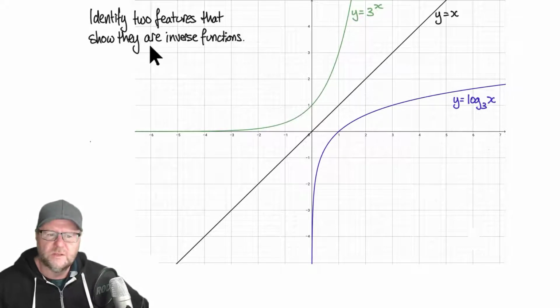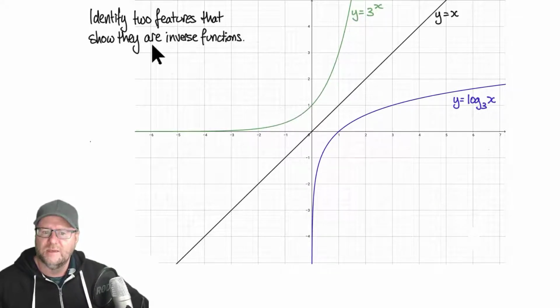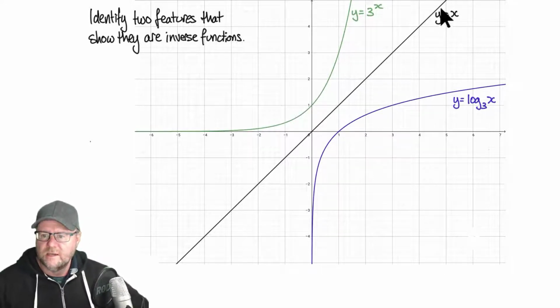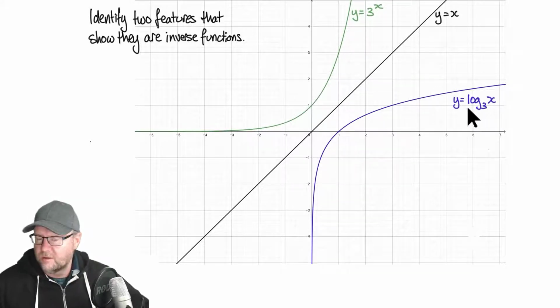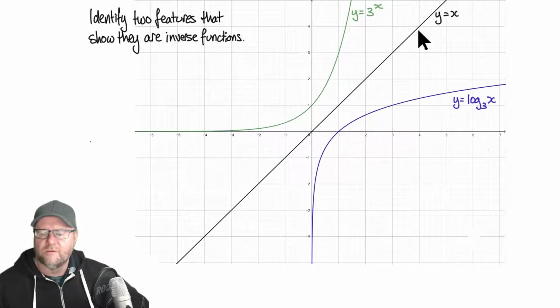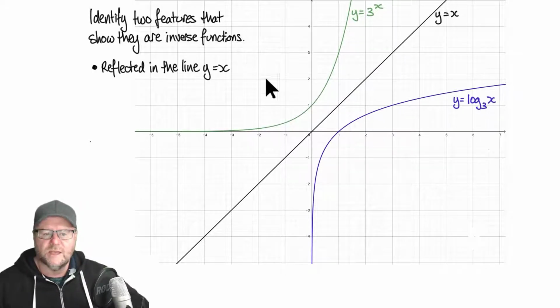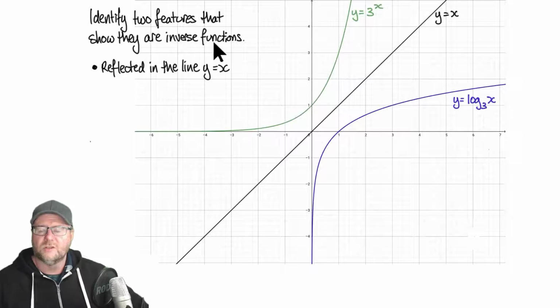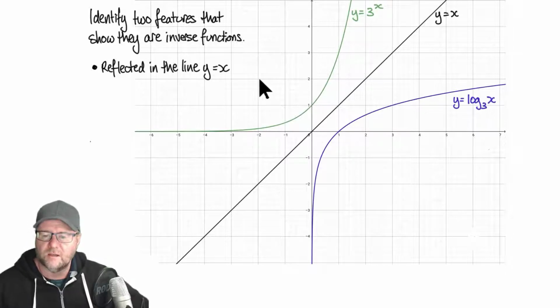So what were two of the features that we can identify that make them inverse functions or opposites of each other? Well, the first one is this reflection along the line y equals x. The exponential and the equivalent logarithmic function are reflected along the line y equals x. So we'd say that one feature that shows their inverse is that they're reflected along that line.